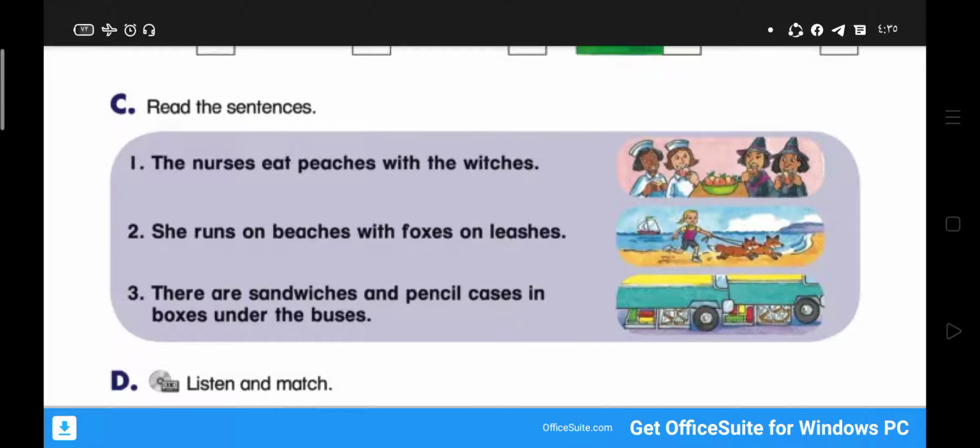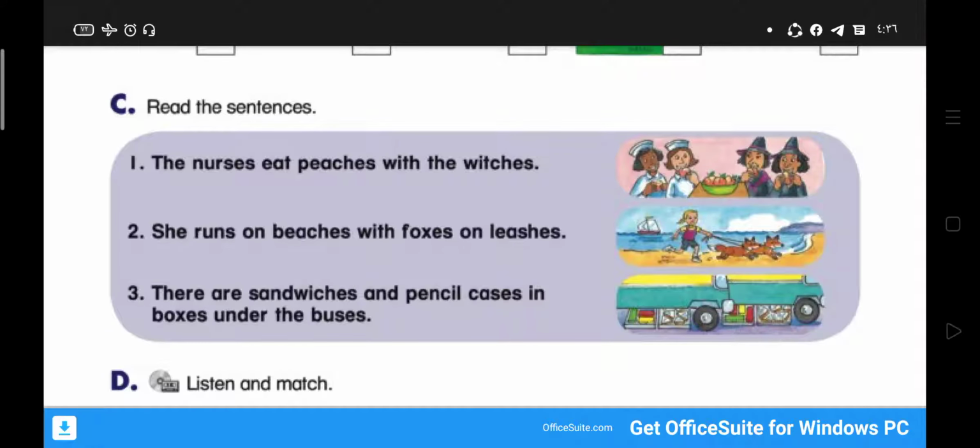Let's remember that we add es to make the word plural if this word ends with sh, ch, ss, x, o.